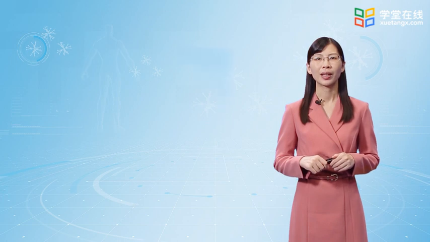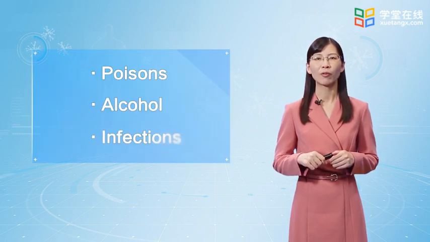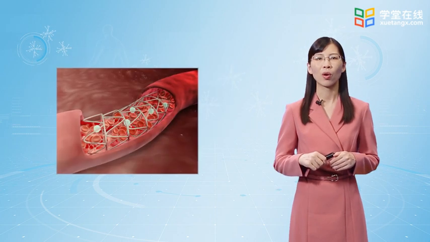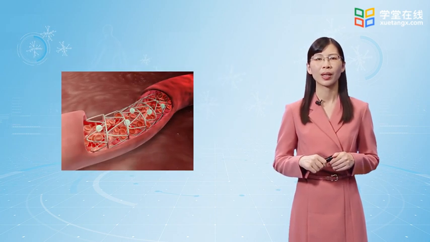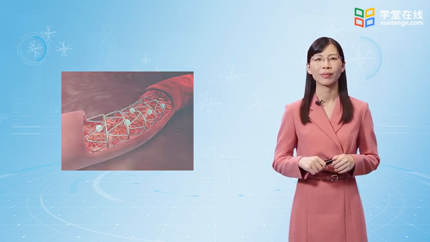For example, in injuries due to poisons, alcohol, and infections, the fat may be deposited in cells nearest to the effluent blood supply. When caused by vascular congestion, the fat is typically found along the central vein.